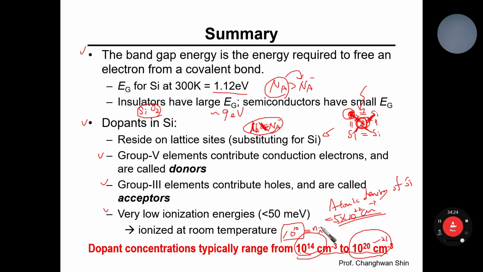Because of the externally applied thermal energy, a few electrons become free and holes are left behind. So electrons and holes are created together in pairs. So the total number of free electrons and holes is up to 10 to the 10 at room temperature. But the doping concentration is now 10 to the 14 instead of 10 to the 10.